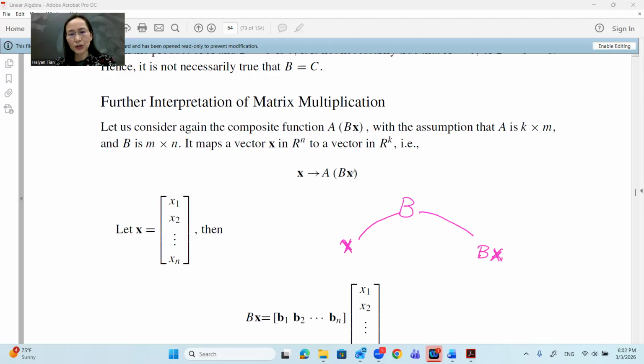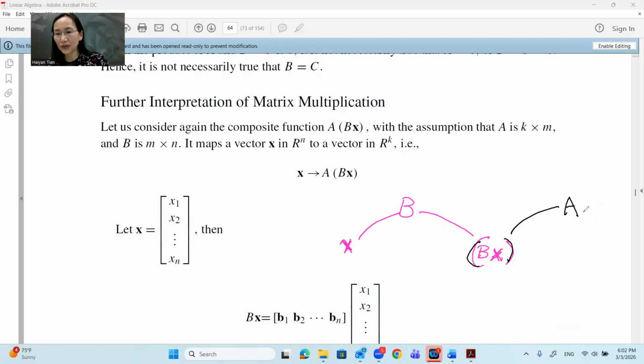But if you apply A on the image of X, that means you apply another transformation, which is defined by matrix A. So this image of X becomes the input for A. A is the matrix that defines a mapping or a transformation.